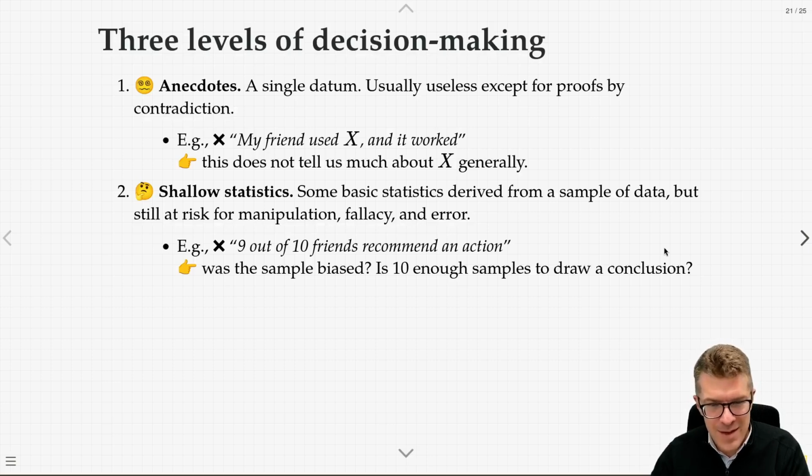Maybe if you asked 90 more friends, this 90% statistic might go down to 70% or 60% or 50%. So maybe the number of friends we've surveyed isn't really enough. These kinds of statistics we have to be wary of.